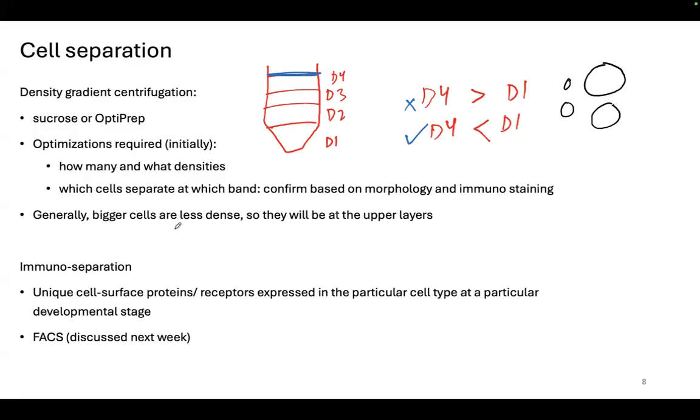So what you'll see is that the bigger cells, so let's say there are 4 things in each of these cells. Okay.